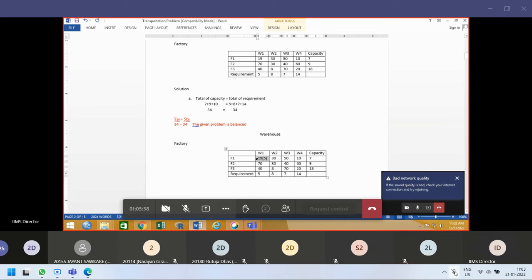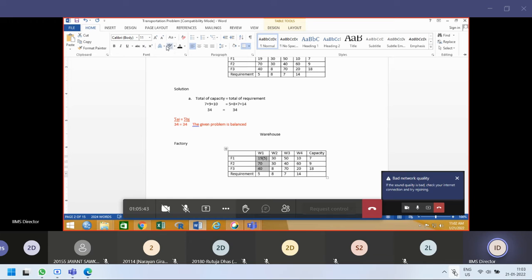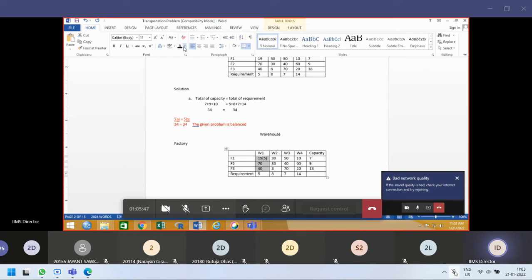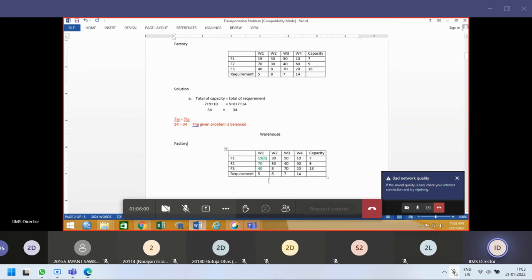So here I can use a different color. All are getting it? Yes, sir. I allocated 5 because only this warehouse has a capacity of 5.